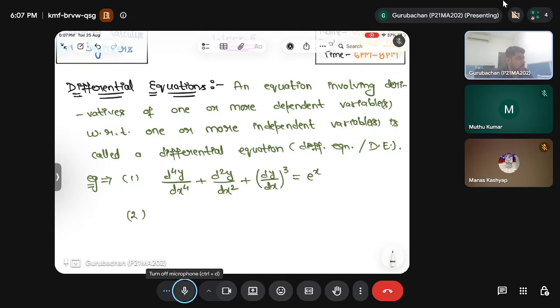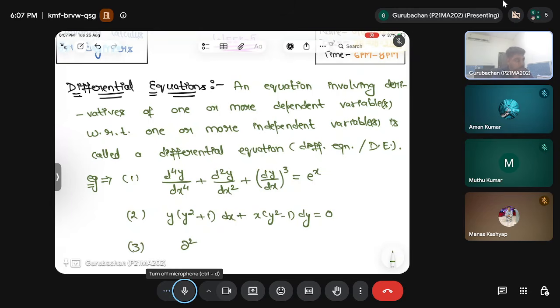Second one is (y square plus 1) dx plus (x y square minus 1) dy equal to 0. And the third one is del square v by del t square is equal to k times (del cube v by del x cube) whole square.